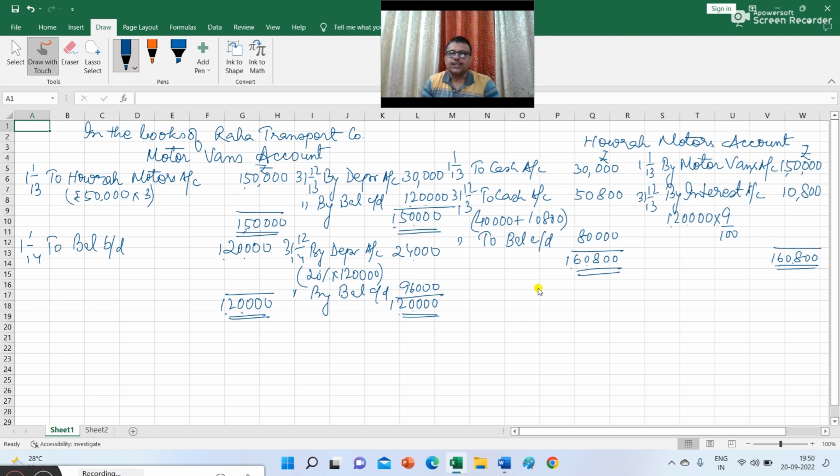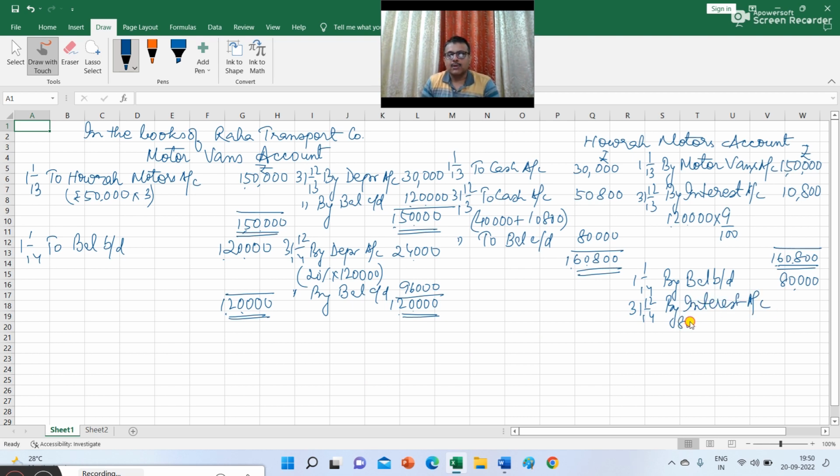Now what is the position of Howrah Motors account? So on 1st January 2014, the amount which was due to Howrah Motors, I have to carry forward 80,000. So balance BD is 80,000. Now you have to charge interest for the whole year on 31st December 2014 by interest account.